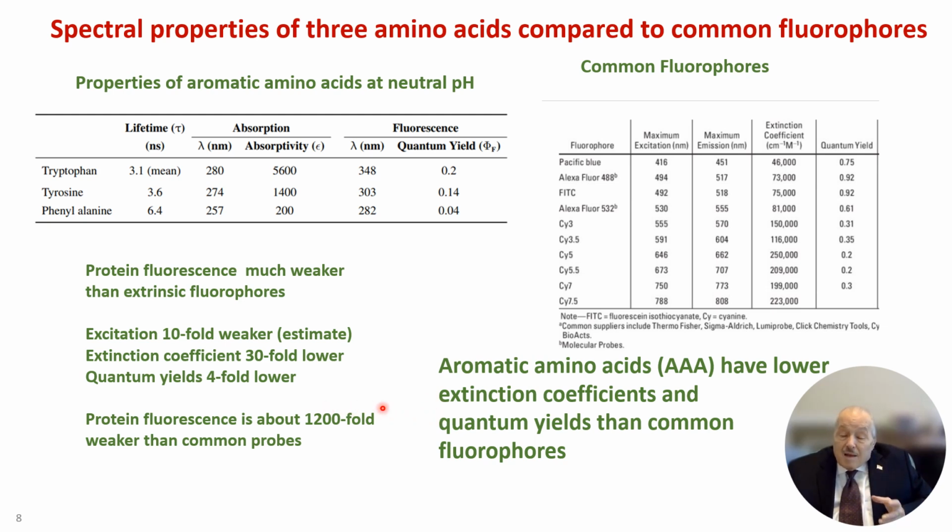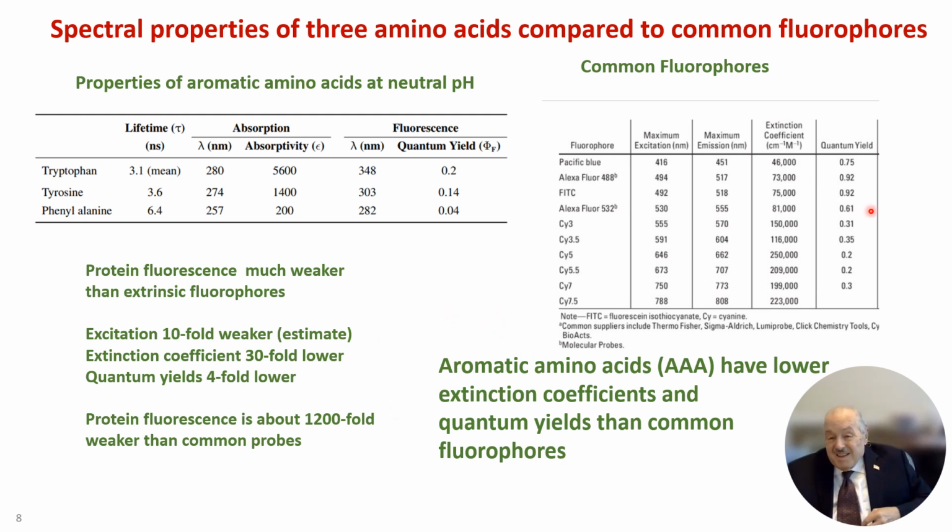If you have a spectrophotometer that's capable of looking at UV proteins, it'll typically have a lamp, like a deuterium lamp, that gives you more light in the UV than out in the visible. You'll probably increase the gain on the photomultiplier tubes. I might even open up the slits. So this 1200-fold difference doesn't always appear in practice.